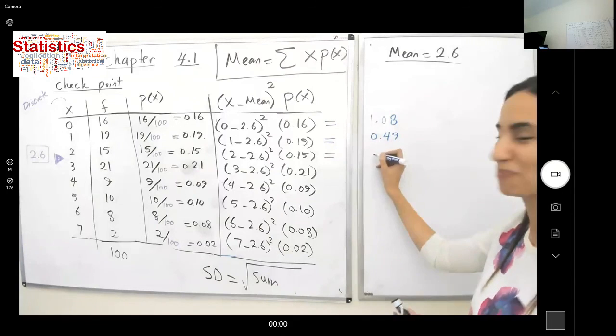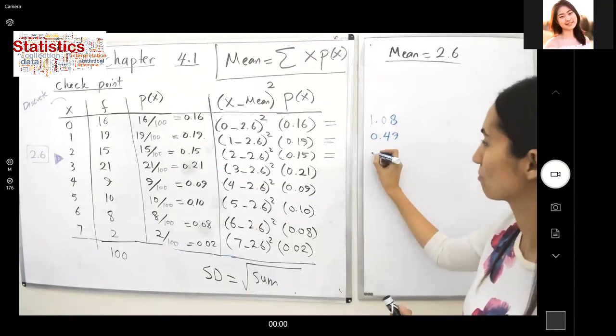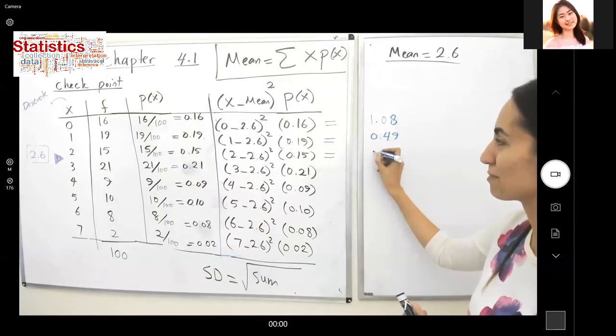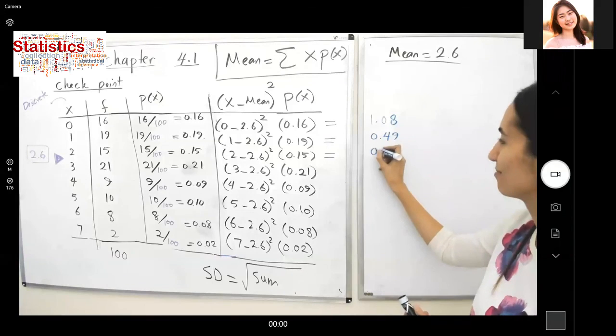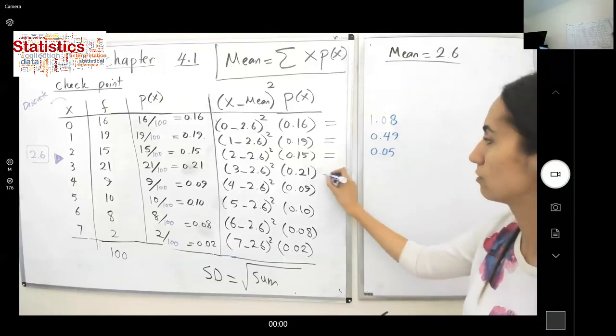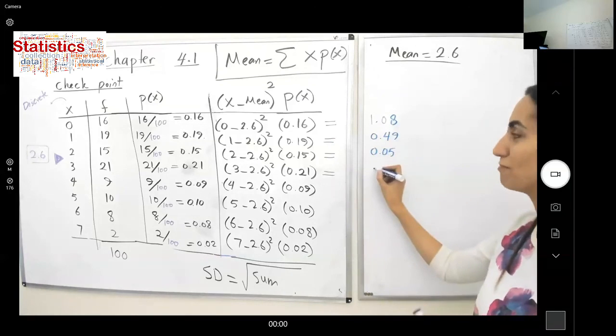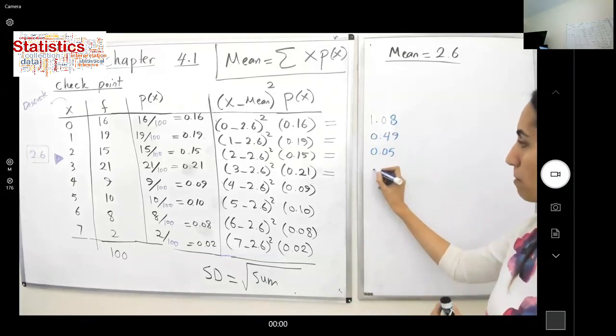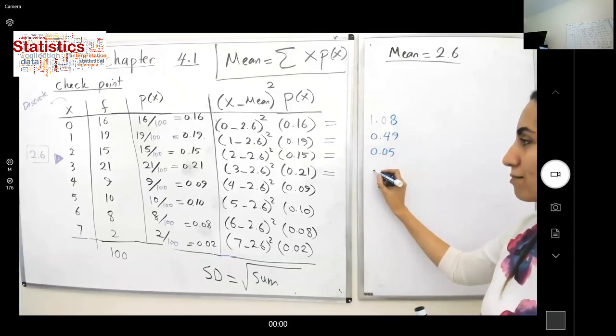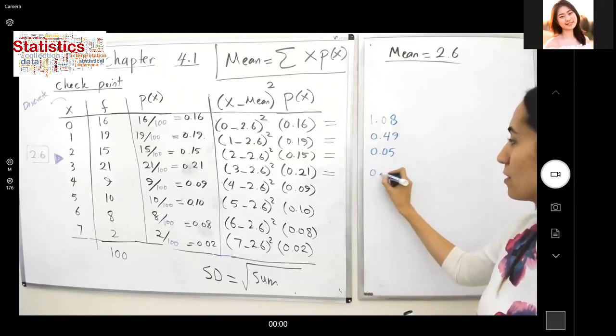Next number? 0.05. Very well. The next one? 0.03.